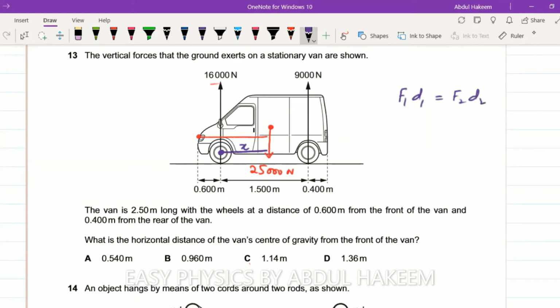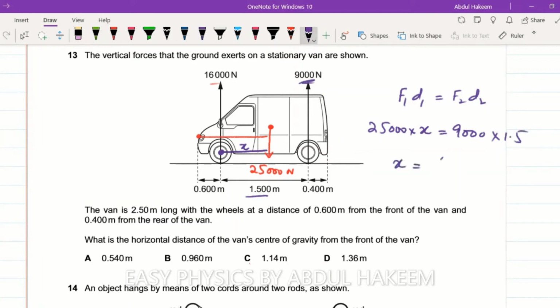So this weight, 25,000 Newton, its distance x from the pivot, the front wheel being the pivot, and the other force is this 9,000, and its distance from the pivot will be 1.5.